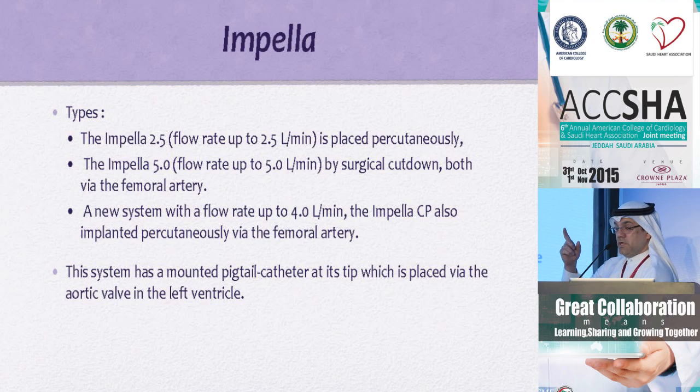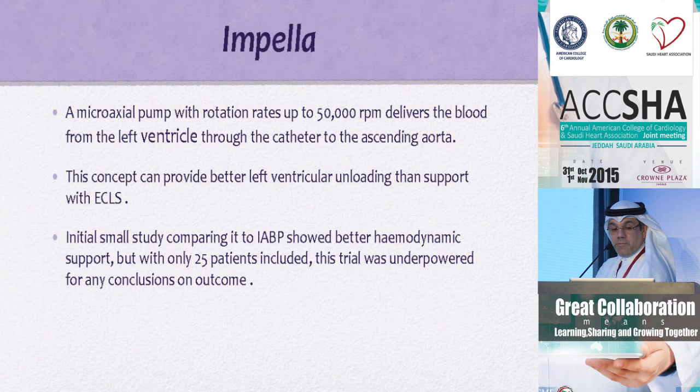So basically, it's a pigtail catheter with a rotatory pump that you deliver through the femoral artery all the way up across the aortic valve, where it sucks blood from the ventricle and pumps it out through the aorta, descending aorta. As I just described, the maximal pump with a rotation rate of 50,000 rounds per minute delivers the blood from the ventricle.